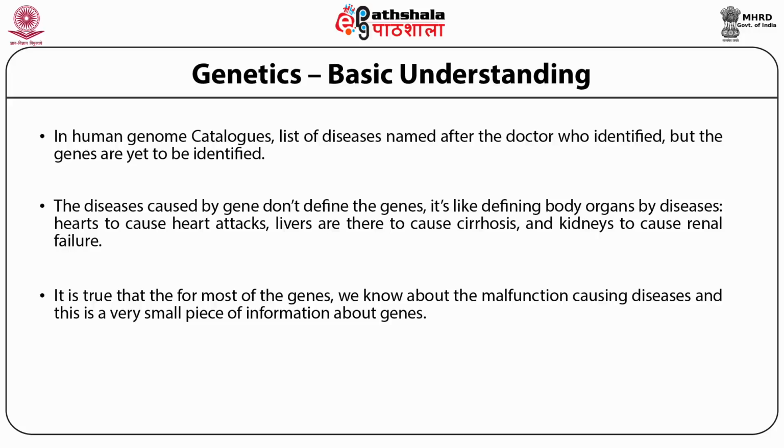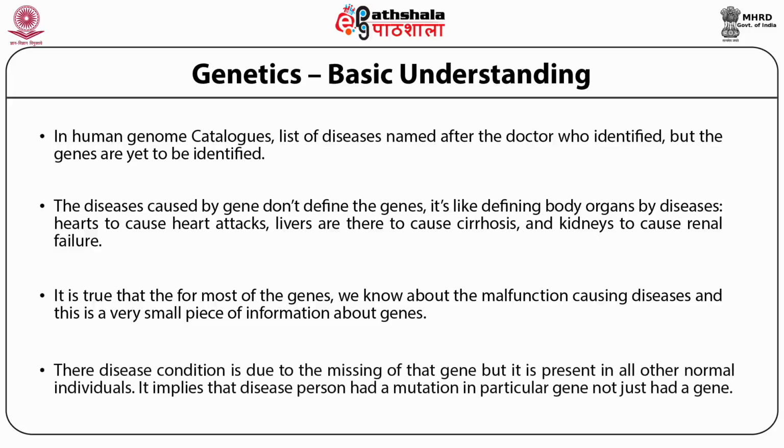Subjects who have Wolf-Hirschhorn syndrome don't have the gene, but all other individuals have. Their disease condition is because of the missing of a particular gene, but it is present in all other normal individuals. It implies that the diseased person had a mutation in a particular gene, not just had a gene, as per Ridley 1999.